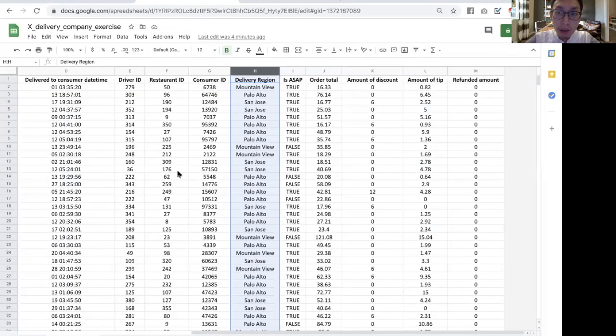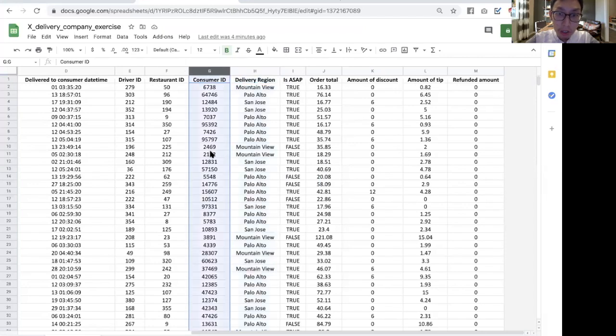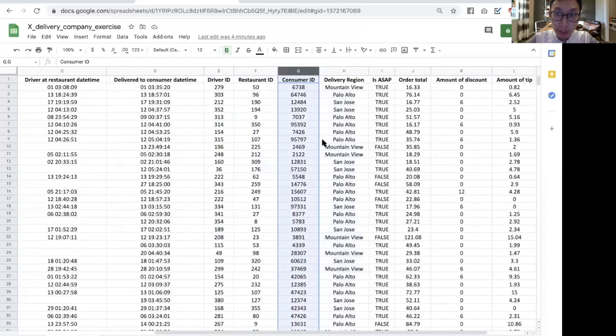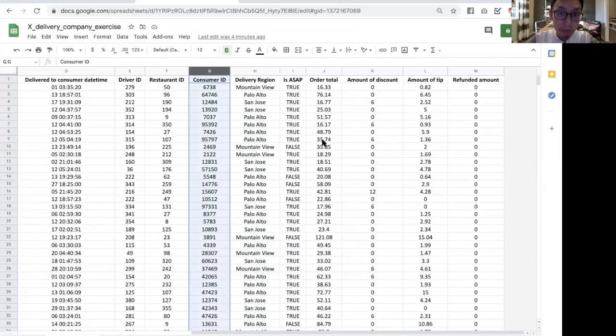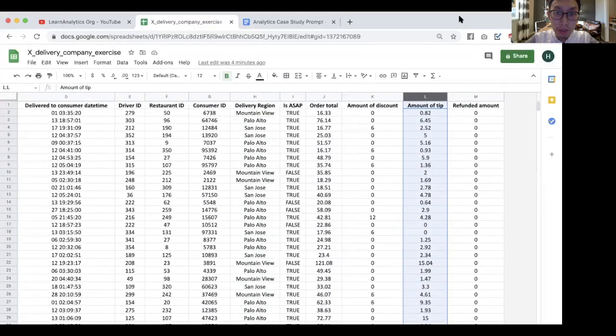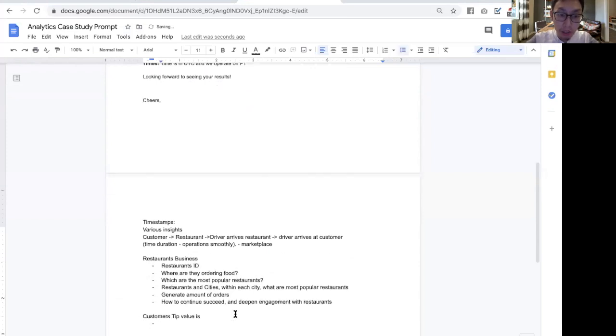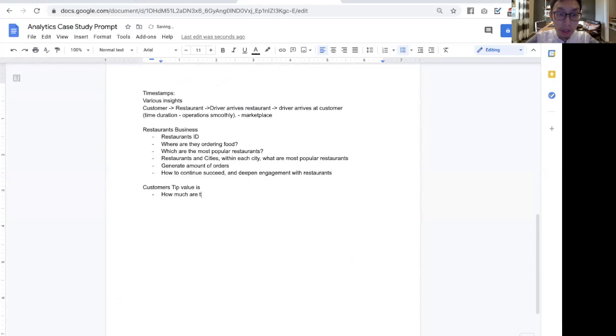Yeah. And then another way of looking at it is also the customer perspective, like what are they ordering, stuff along those lines, like what is the order total, and also there is an amount of tip. So I think that is also very interesting too, right? Because we want to see what the customers' tip value is. So how much are they tipping in general?